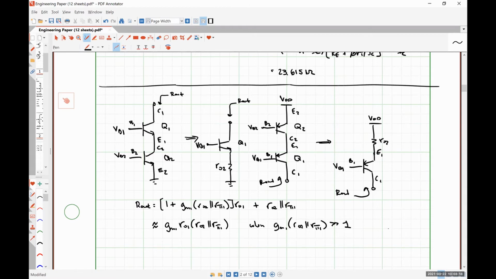We had an ideal current source. What's the impedance of an ideal current source? Anybody recall that from circuits 1? Infinitely large, okay? So what happens if we replace R02 with infinity?